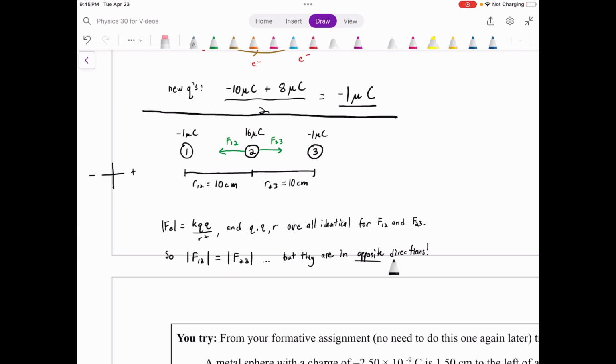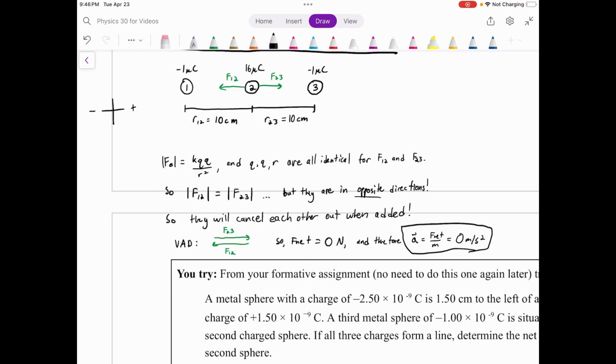However, they are in opposite directions. So when we add them up, they'll cancel each other out. We're pulling this one just as hard to the left as we are to the right. So the net force, and therefore the acceleration of charge 2, will be 0. Right? Showing that visually with a vector addition diagram there.